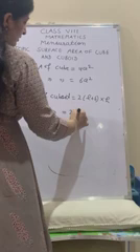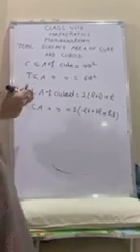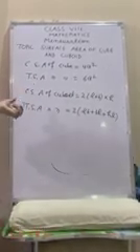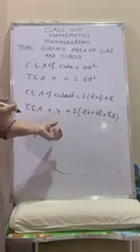And for total surface area of a cuboid, 2 faces LB, 2 faces BH and 2 faces HL; when we add them, we find the total surface area of a cuboid. I hope the derivation of these formulas will be clear to you. Thank you.